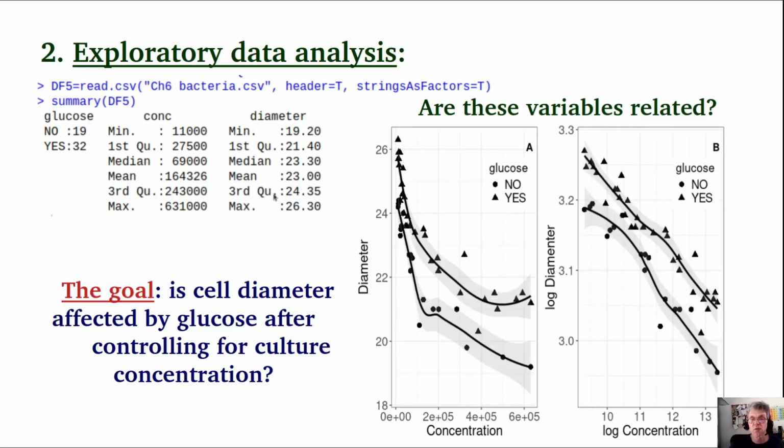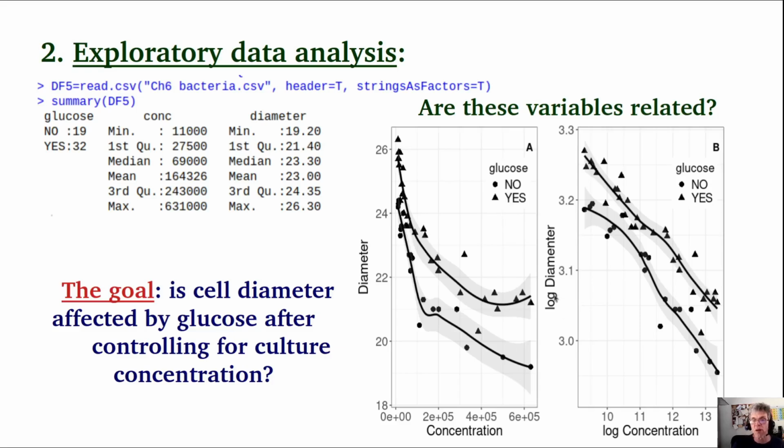Here I show two plots of the diameter against concentration, showing a smooth line for each of the two levels of glucose, yes and no. We see overall a nonlinear, negative exponential relationship that differs depending on the level of glucose.